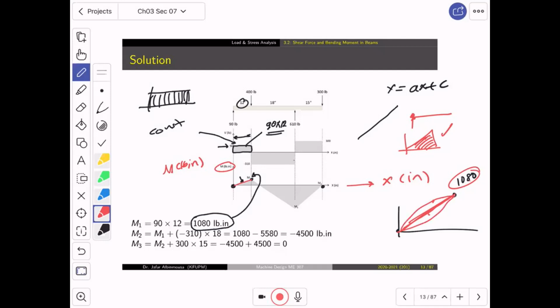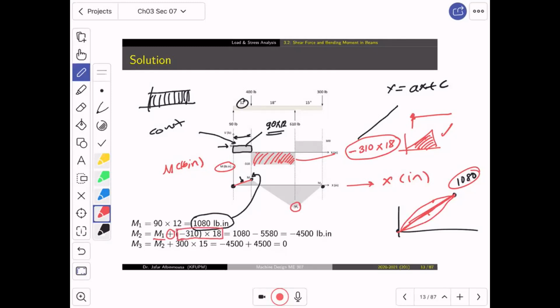The next step, we have all of this area. This area is minus 310 multiplied by 18. Now look, how are we going to do this? The moment over here, we call it M2. It is M1 plus minus 310 multiplied by 18.